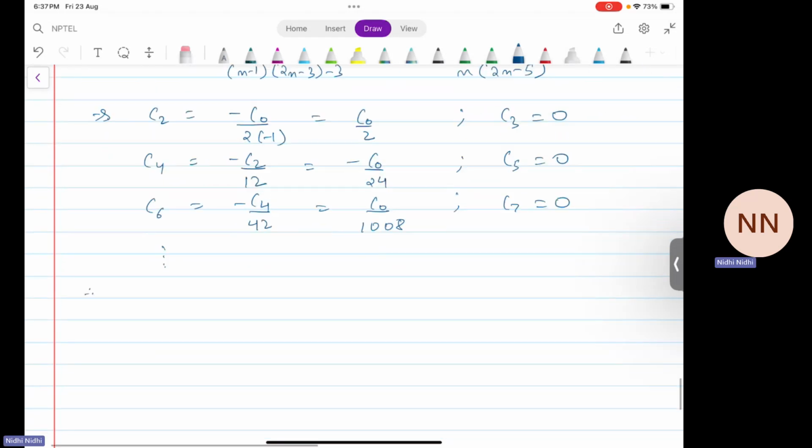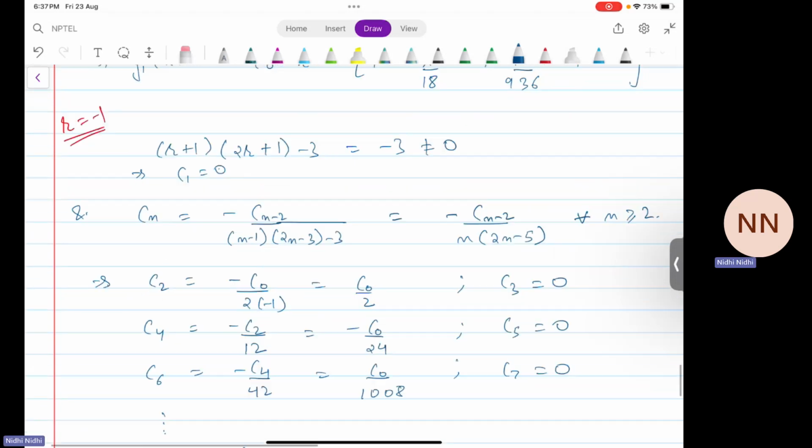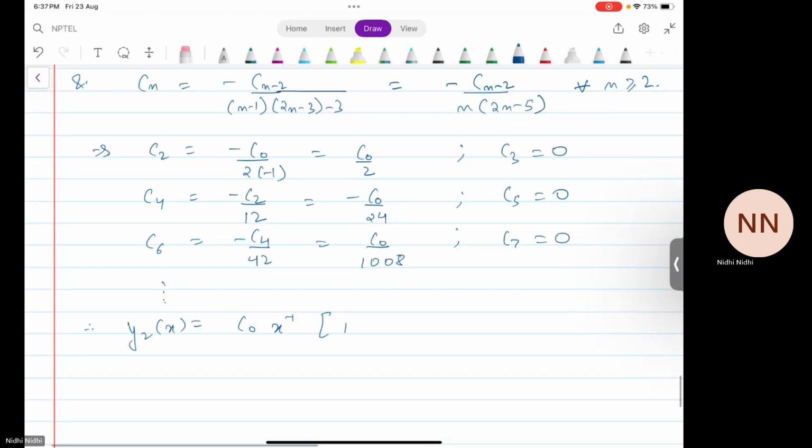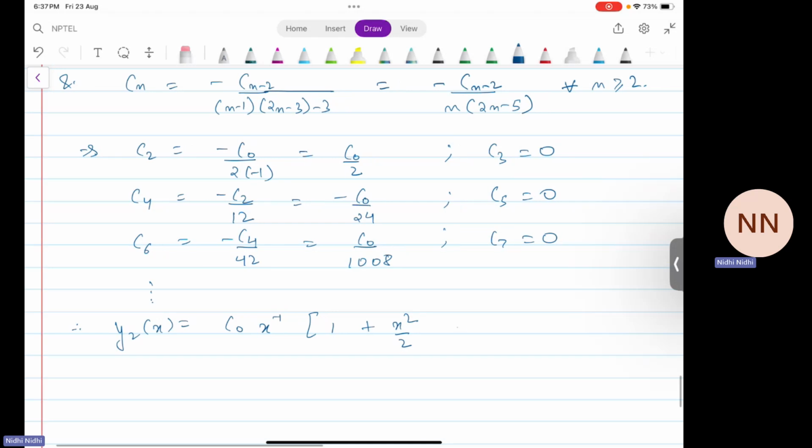Therefore, y2(x) is equal to C0 x to the power minus 1 times 1 plus 0 plus x square by 2 plus 0 minus x power 4 by 24 plus x power 6 by 1008 and so on.